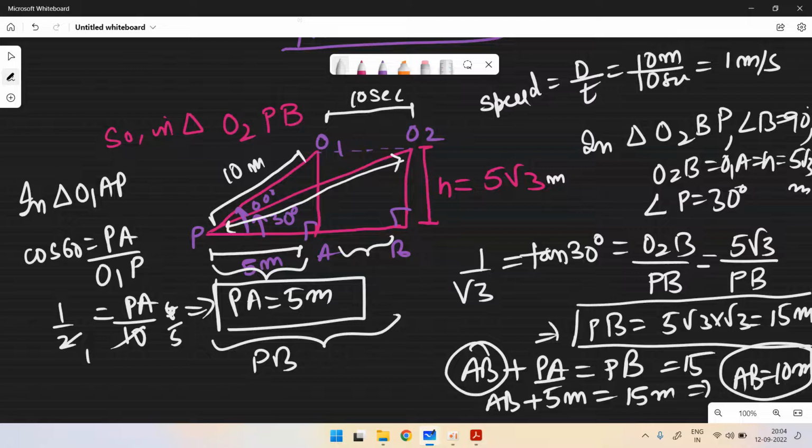The hypotenuse we need to calculate, and the angle is already given, 30 degree, sine of 30 is half. So this value can be easily calculated, it will be 10√3. So this is a few applications of this trigonometry.